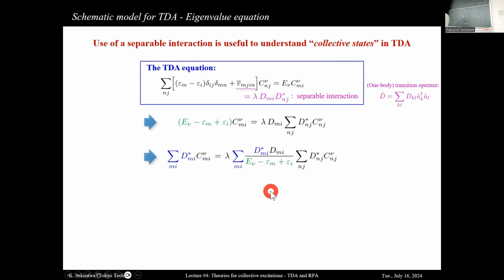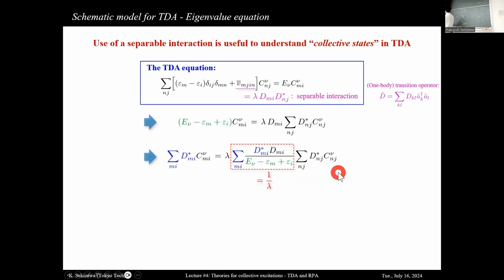And now, looking carefully, the sum of D star C nu here and the sum of D star C nu here are equivalent. Those have different indices, but this is just the labeling, the index for summation. So both are the same.